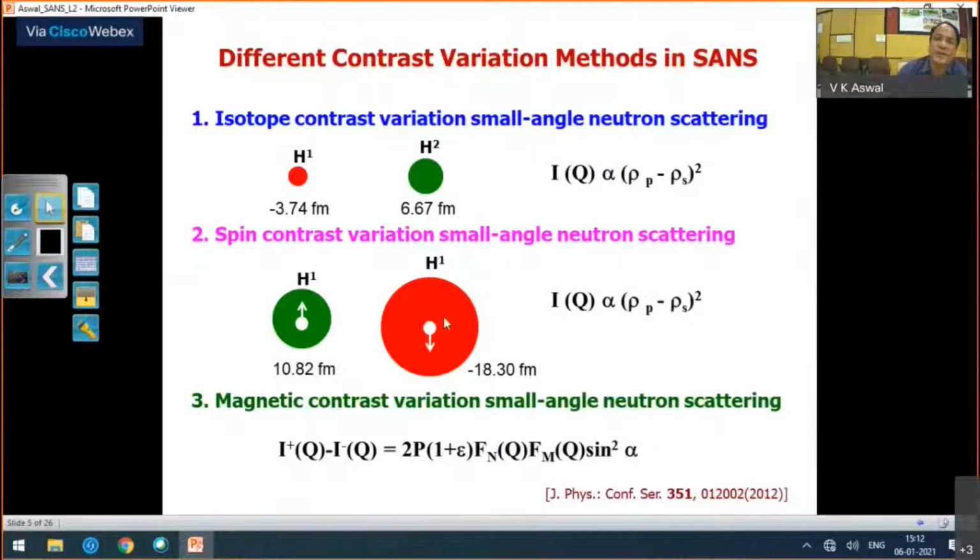For example, in the case of hydrogen, you can see these numbers are even larger than what is for the isotope. So in principle, if you can make use of this technique, it will be much more powerful than isotope contrast variation. And in fact, there are groups who make use of this technique.